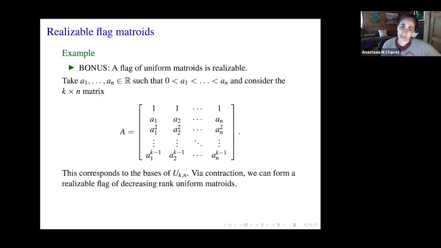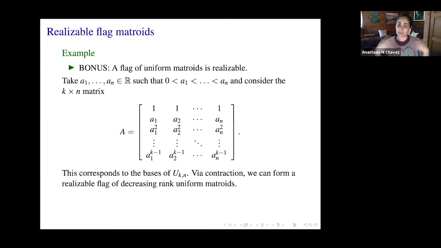An example of such a flag matroid would be the uniform matroid. You can play this game by considering this particular matrix representation for the uniform matroid, and basically you just start chopping off rows from the bottom. As you do that, you recognize there's a vector space associated to this, as well as this matrix representing the associated uniform matroid.